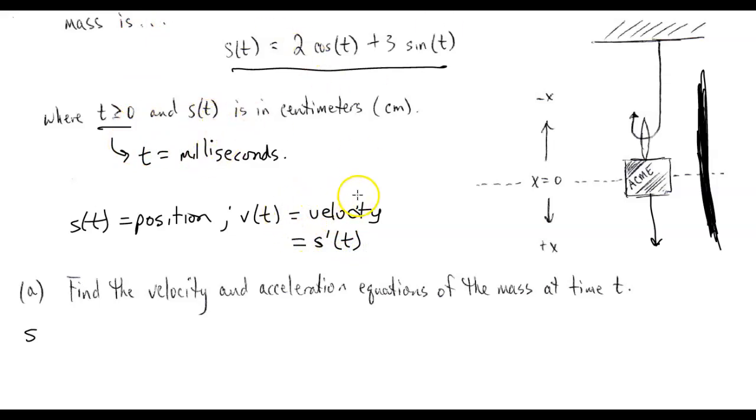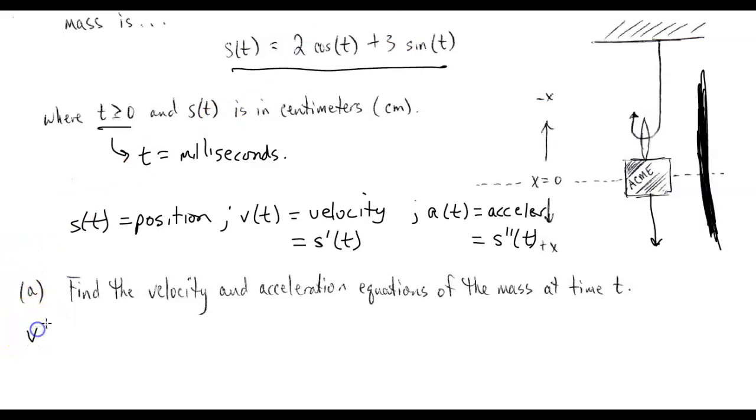We also know that the second derivative of our position function is going to be the acceleration function. So we have this. We also know acceleration, that's going to be the second derivative. So essentially all we need to find here is the first derivative and second derivative of the given function that we have.